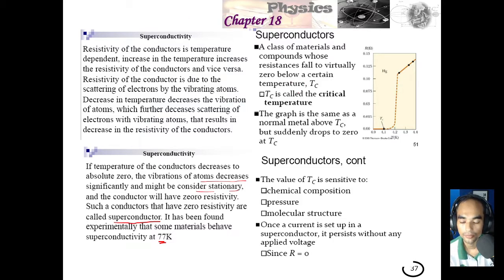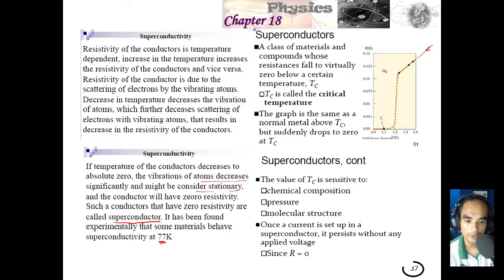So let's say over here, Hg stands for mercury. When mercury is cooled down to 4.2 Kelvin, it drops down dramatically.